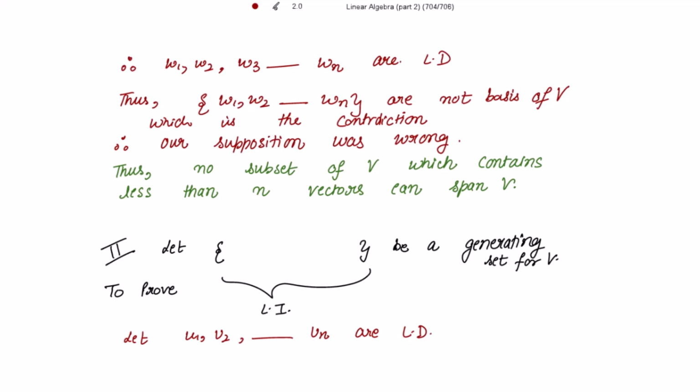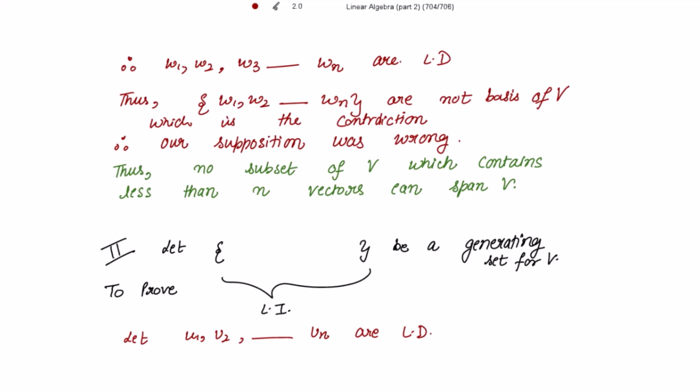Our supposition was wrong, which means no subset of V which contains less than n vectors can span V.